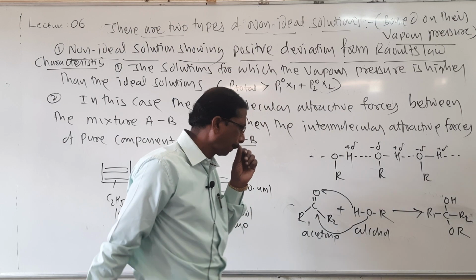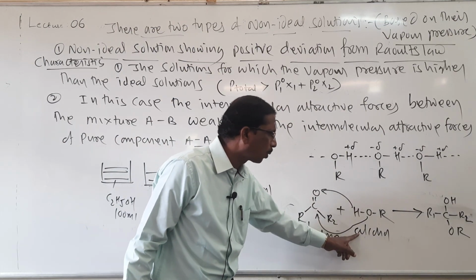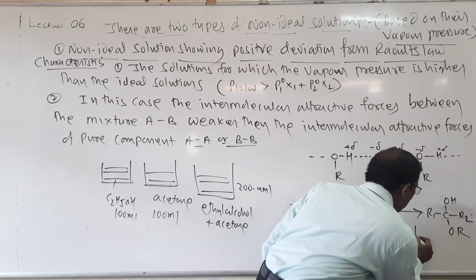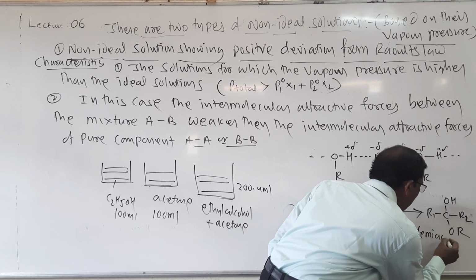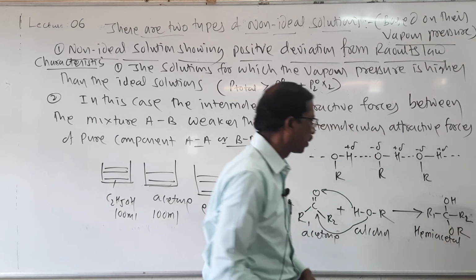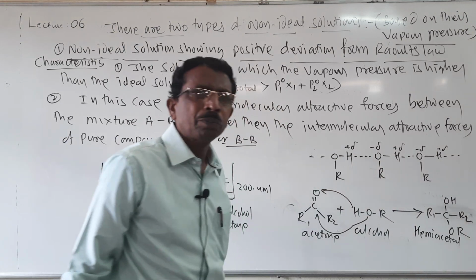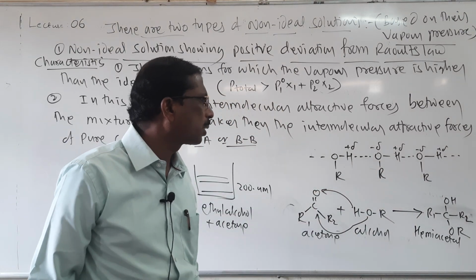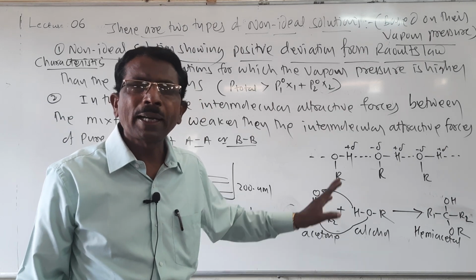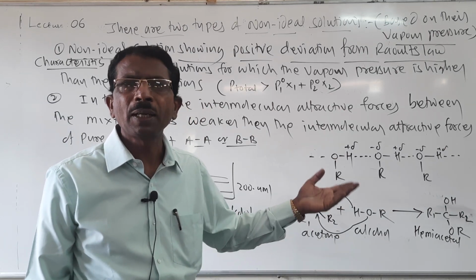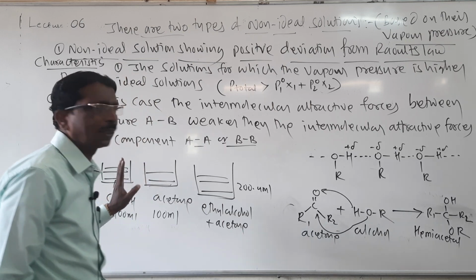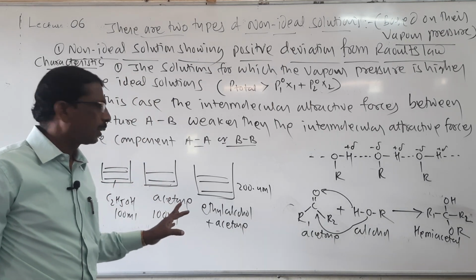Look here students, when acetone combines with alcohol, it forms a hemiacetal. It is called a hemiacetal. So here some of the hydrogen bonds are broken, and then acetone enters into this alcohol, and the intermolecular attractive force decreases and the vapor pressure increases. It is the reason here. I think it is clear to you all.